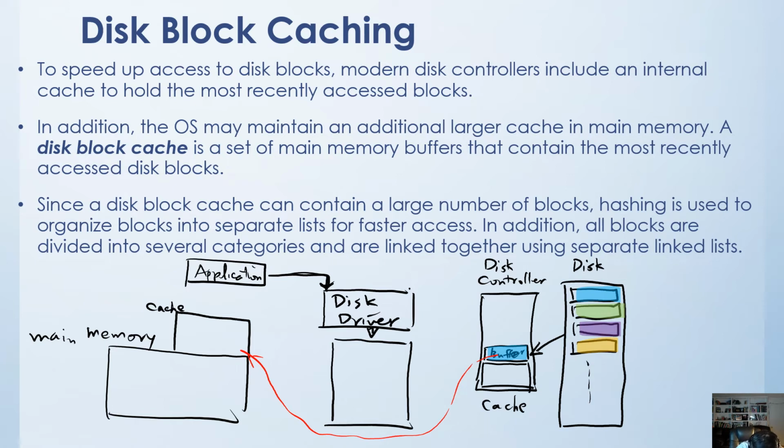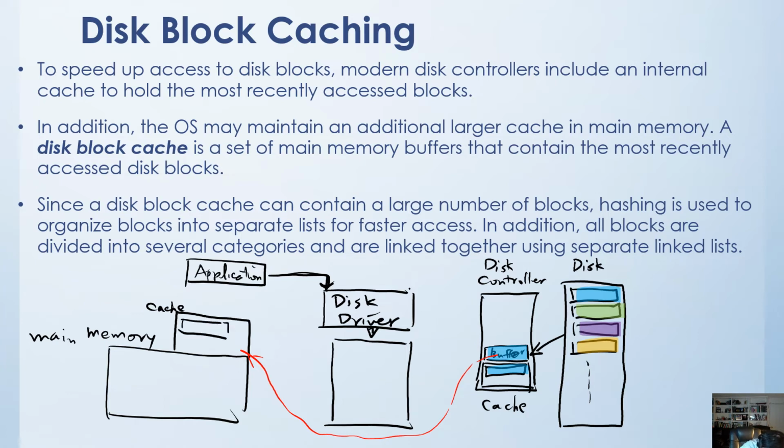Now, before the driver actually does this, the driver first makes a copy of this block in the cache area of the disk controller. So the block 1 data is cached, and then before it is actually copied to the main memory, it's also cached in the main memory.